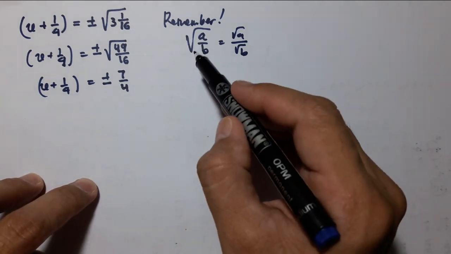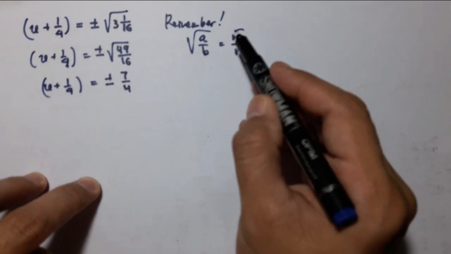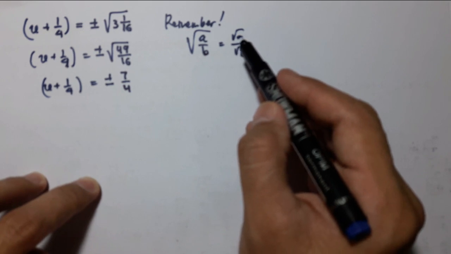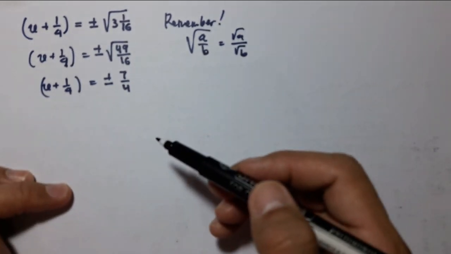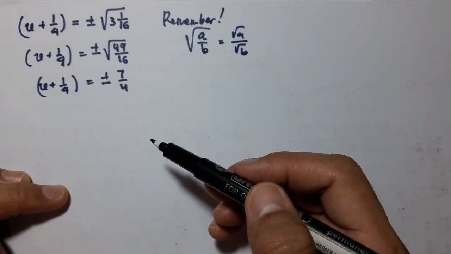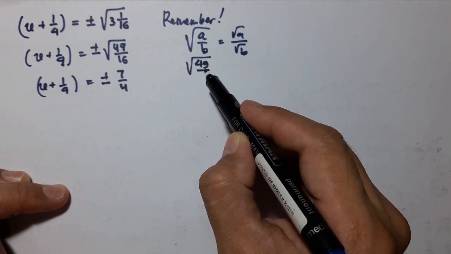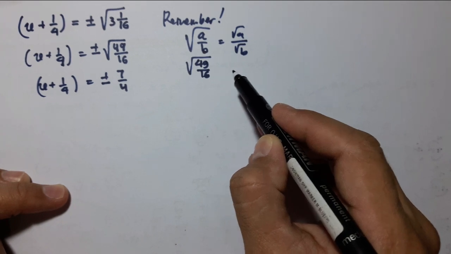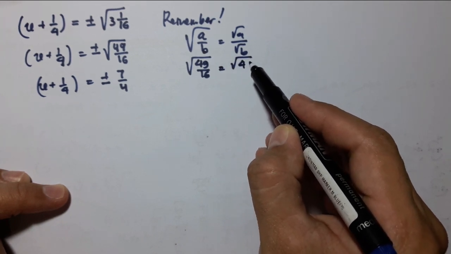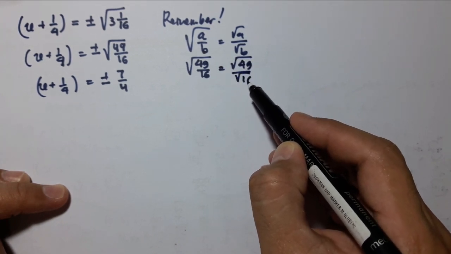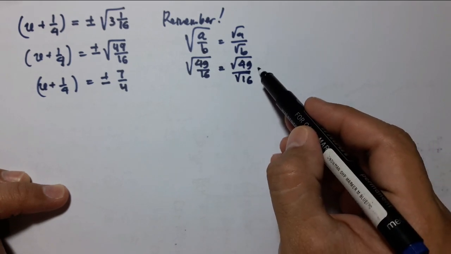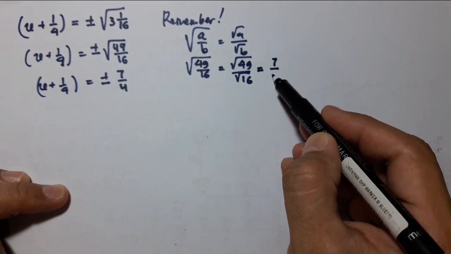Once again, root a over b equal root a over root b. So root of 49 over 16 equal root 49 over root 16, we'll find 7 over 4.